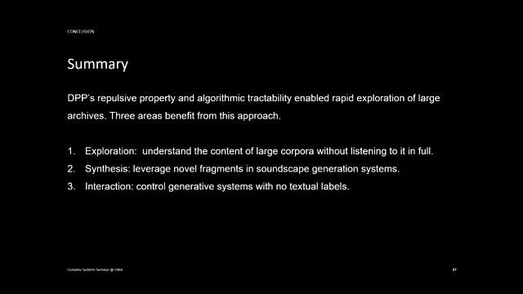So these three areas are going to benefit from this approach: first, the exploration of large corpora without necessarily listening to it. It also works sort of like a compression approach by sampling novelty. But we could also use it in synthesis, with the creation of trajectories, and to control ultimately systems that we don't have labels for.